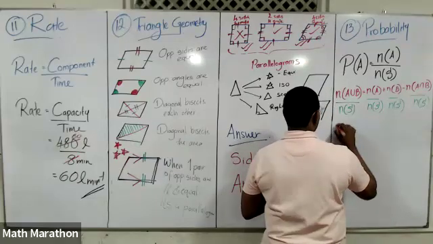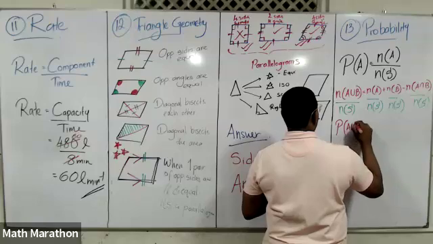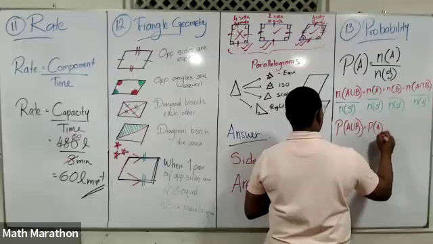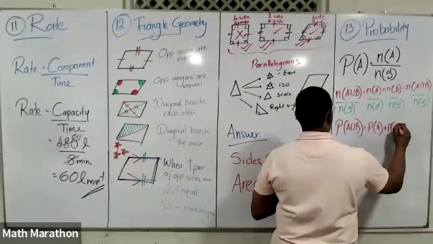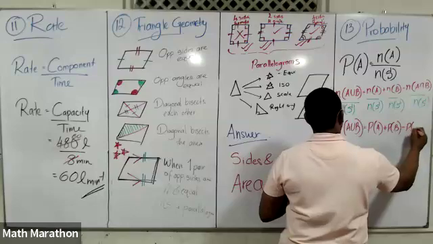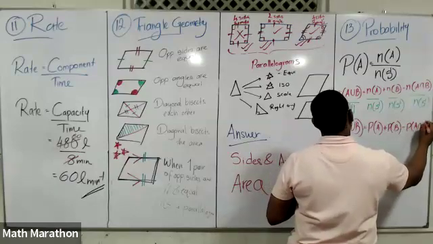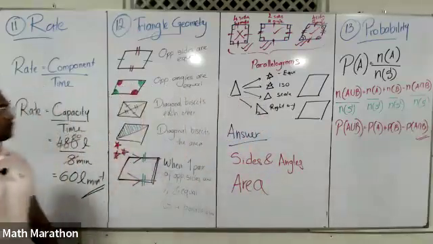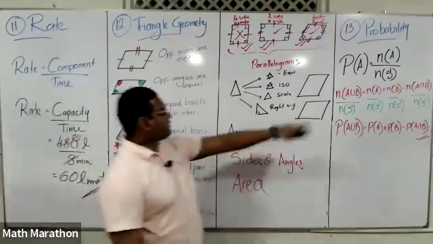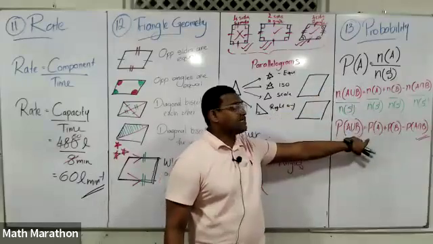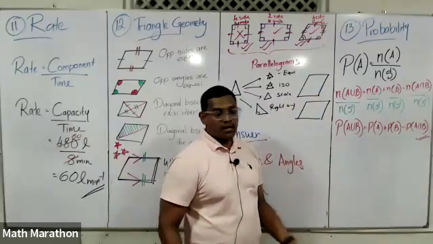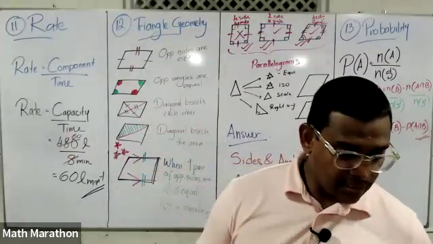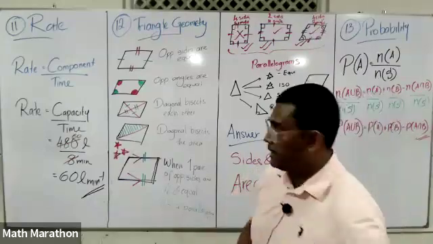What we get is probability of A union B equals probability of A plus probability of B minus probability of A intersection B. Okay. So this is the first one we studied under probability. This is the second one. Good. After this, we studied three main sections under probabilities.